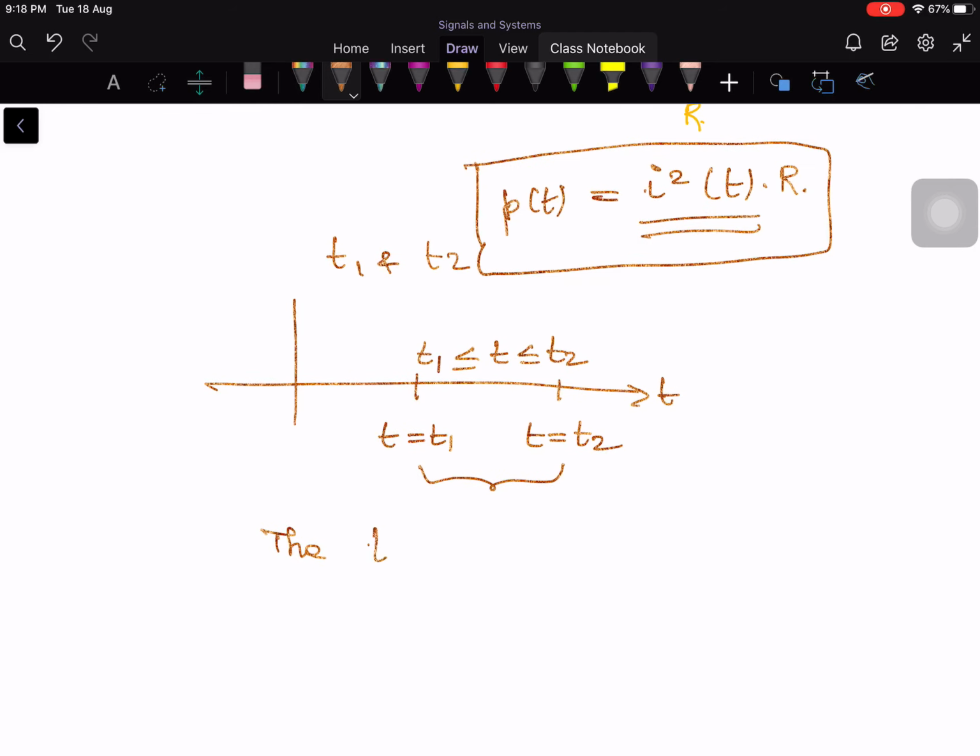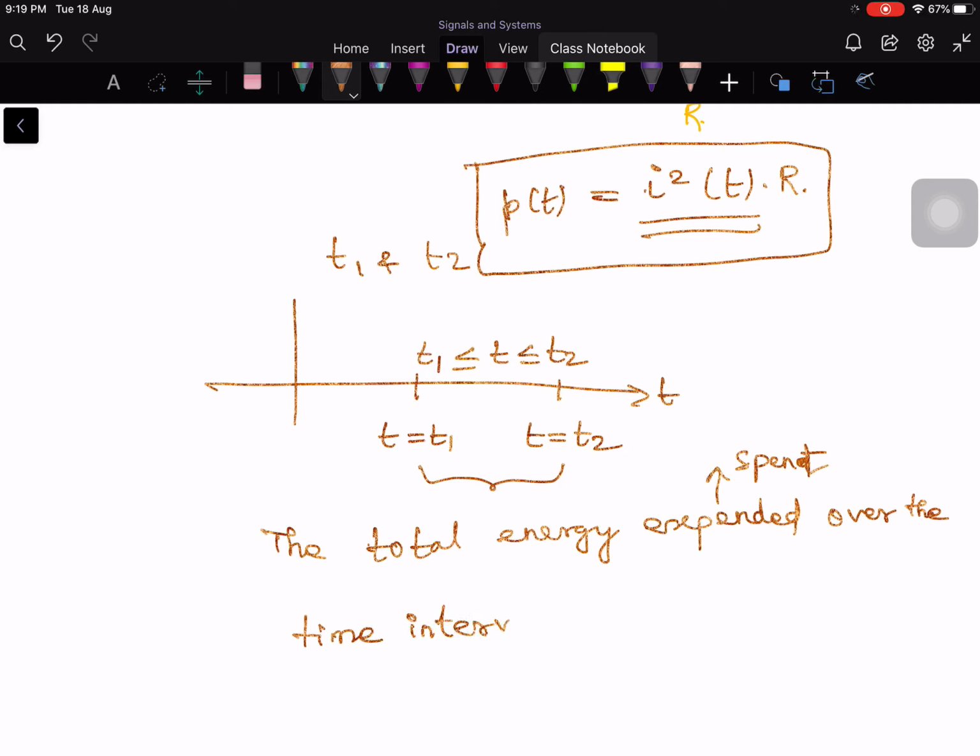So the total energy expended over the time interval t1 less than or equal to t less than or equal to t2.